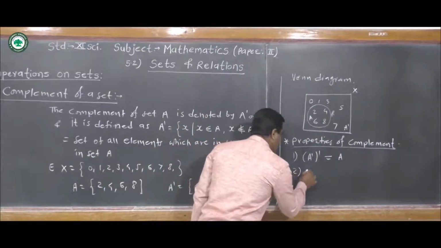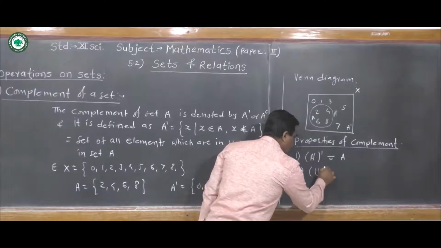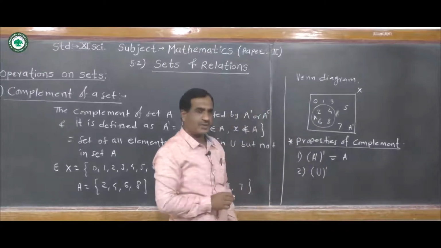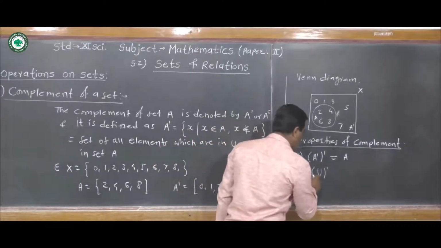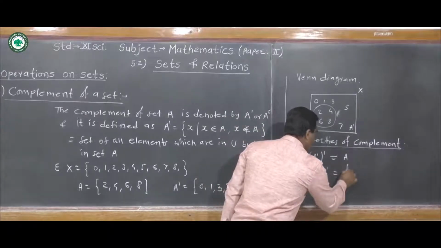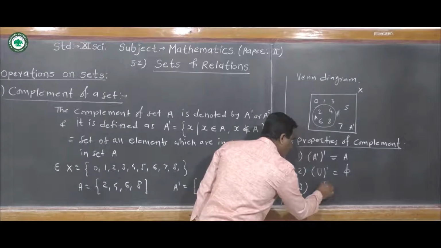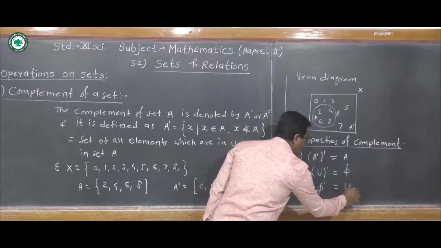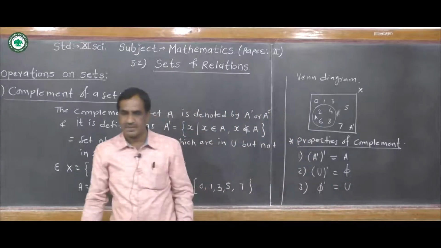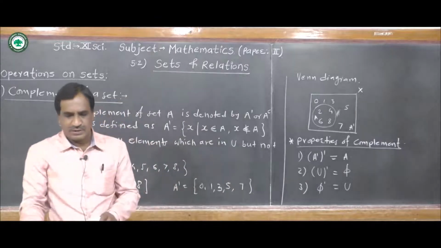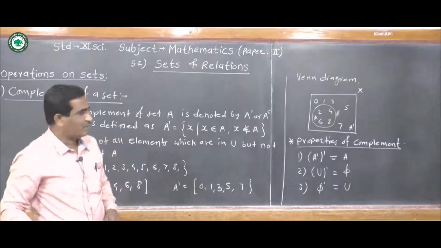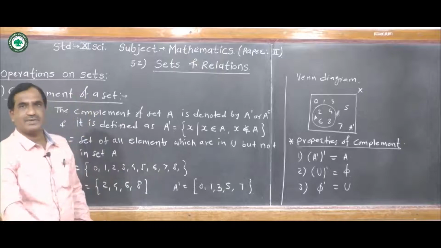Number second, complement of U, universal set U, that is U dash, is equal to empty set. Number third, complement of empty set is equal to U. These are some properties of complement.